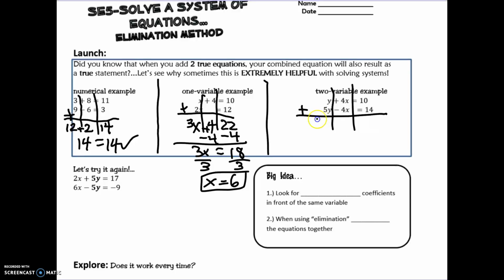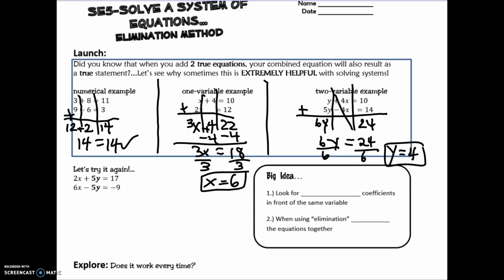Y plus 5y is 6y. 4x minus 4x, or plus -4x, is just 0, or it cancels out. And here we have 10 plus 14, which is 24. So now I have the equation that says 6y equals 24. And now I can solve for the value of y using normal solving techniques.